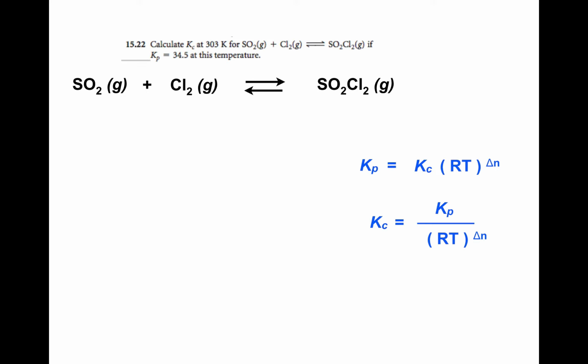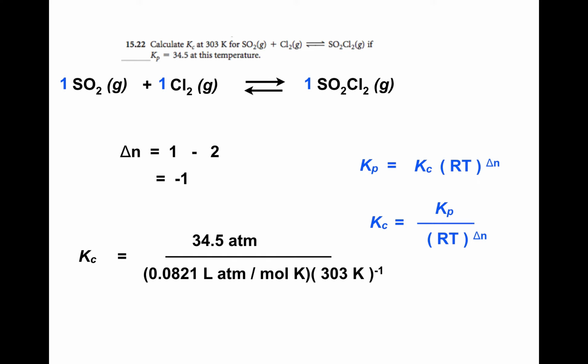So looking at this equation, I've got 1 mole of gas reacting with 1 mole of gas to make 1 mole of gas. So the sum of the products is 1. The sum of the reactants is 2. So if I subtract 2 from 1, I get a delta n value of -1. That means I raise RT to the -1.